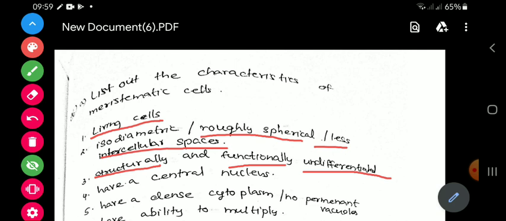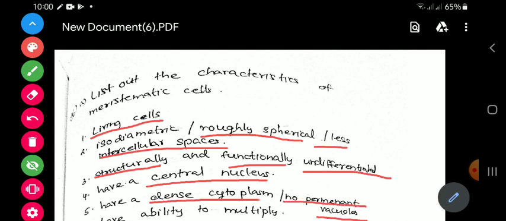They have a central nucleus. They have a dense cytoplasm. No permanent vacuoles. So they don't have permanent vacuoles.